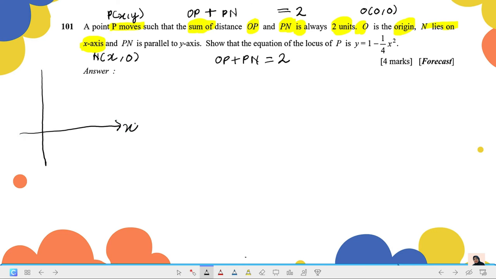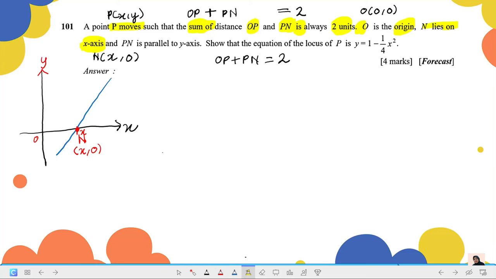This is your x-axis, and point N lies here. So the coordinate of N is x, which we don't know, and y is 0.